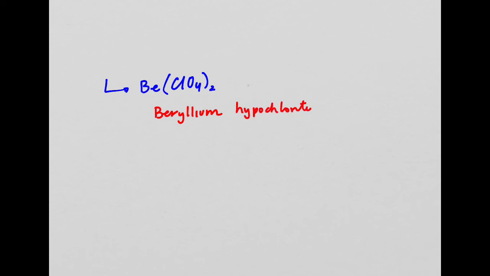Just because there's a 2 here, it doesn't matter. We don't have to say anything about the 2, the subscripts. That's the name, because this is not one of the special 8, so our third rule doesn't apply. So this is just beryllium hypochlorite.